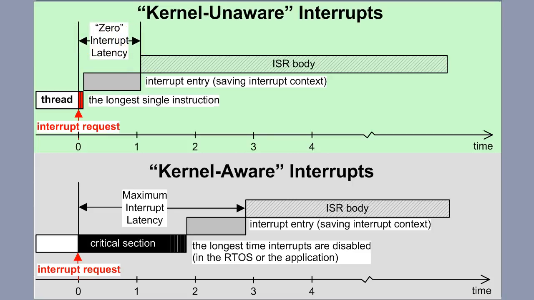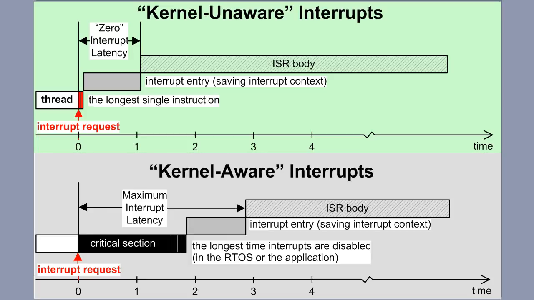The interrupt latency of such kernel-unaware interrupts is sometimes promoted as zero interrupt latency, which does not mean that such interrupts are handled instantaneously. This is impossible. It only means that the presence of the RTOS has zero impact on the interrupt latency. In contrast, kernel-aware interrupts can call RTOS API, but in exchange they have longer maximum interrupt latency.